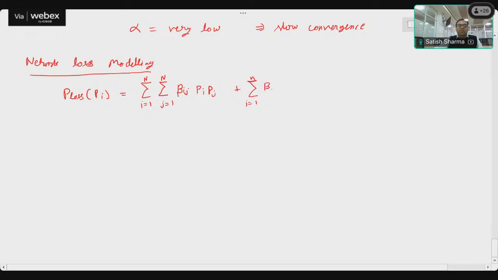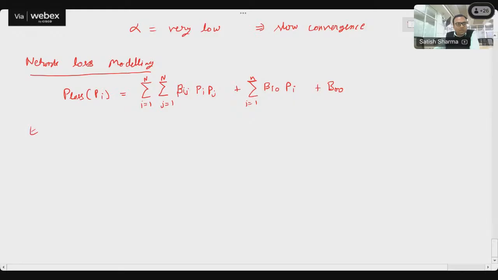So let's say this is beta i0 Pi plus some beta 00. This is a generalized, linearized or simplified version with certain approximations, of how the losses are going to happen with respect to the power injection, and those power injections are basically the generator power injections only. So based upon how much the generators are producing, this is how the losses are going to behave.